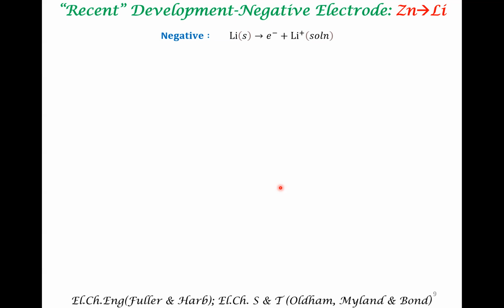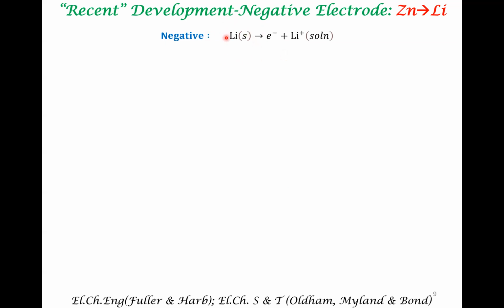But one particular theme that has occurred over the last, let's say, 30, more than 30, 40 years, is the replacement of the zinc component by lithium. Okay, so the negative electrode, instead of having zinc, lithium gets oxidized, and it has two particular advantages.